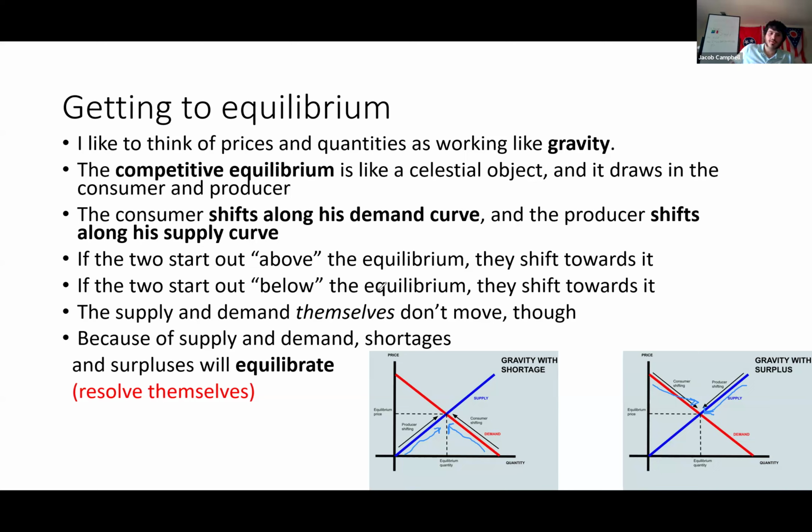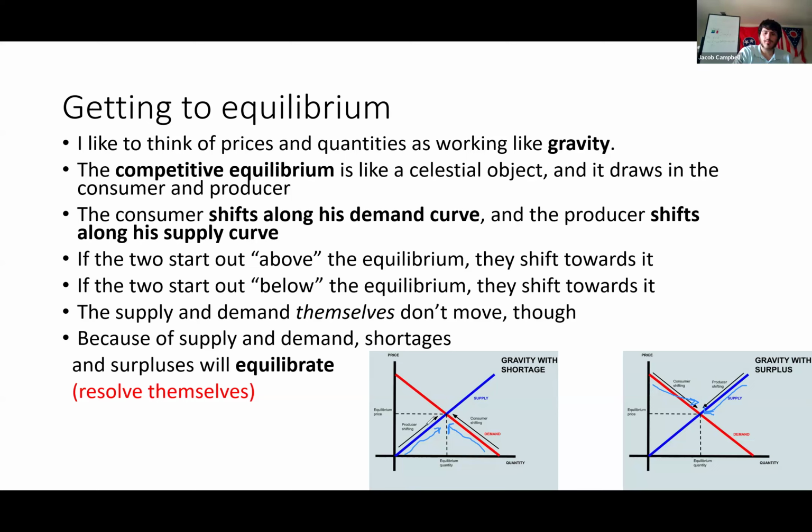Now, it's important to note that although the quantity supplied and the quantity demanded move, the supply and the demand do not move. I already brought this concept up a few videos ago, and it will come up again in this video.